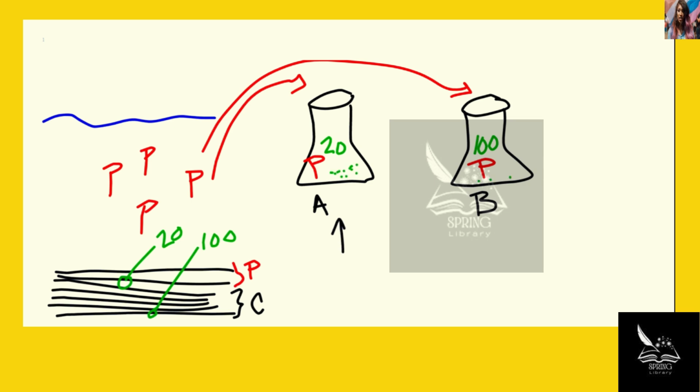But we keep adding medium and pollutant, replenishing that growth medium and the pollutant to make sure that both are prevalent and haven't been used up, or metabolized. So there's always pollutant and there's always nutrient available.